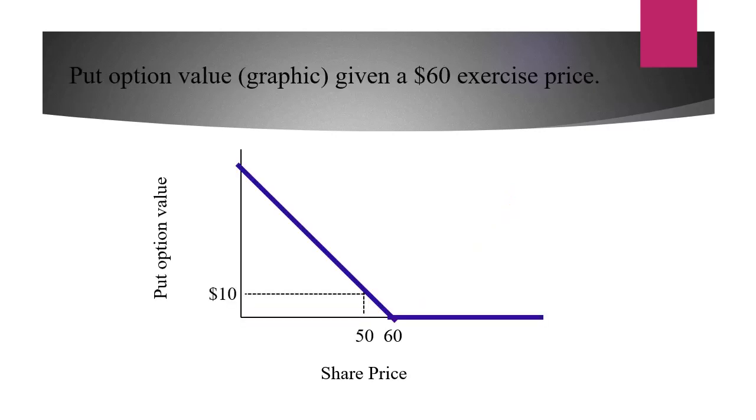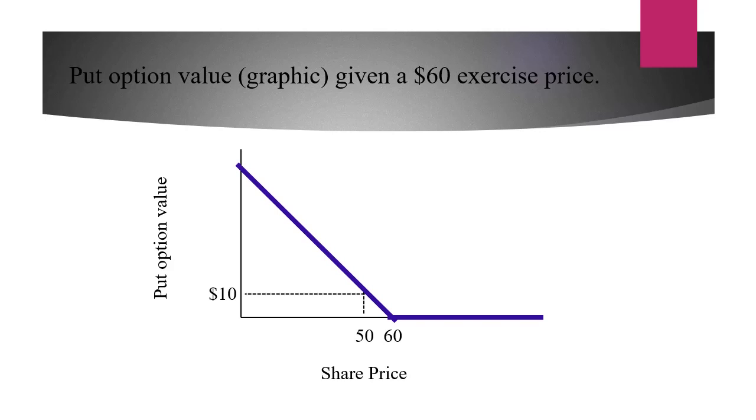Similar to the call option value graphical depiction, we can also show the payoff of the call option through this graphical depiction here. If the price of the underlying asset, that is the stock in this case, is greater than the strike price, then the option will be exercised, otherwise it will expire worthless.